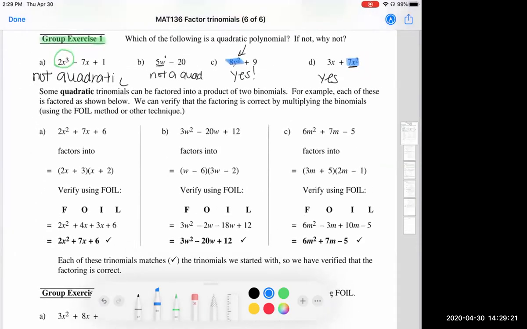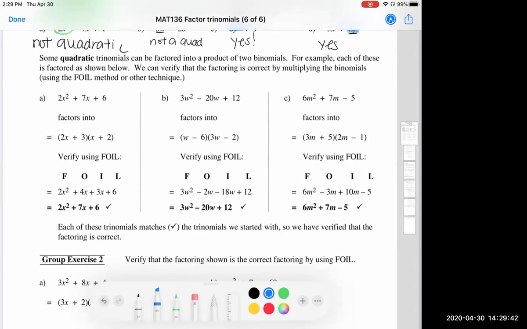Moving forward, some quadratic trinomials can be factored into a product of 2 binomials. For example, each one of these is factored as shown below. We can verify the factoring is correct by multiplying the binomials using the FOIL method or other technique.